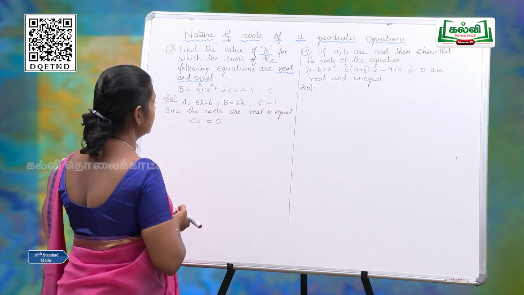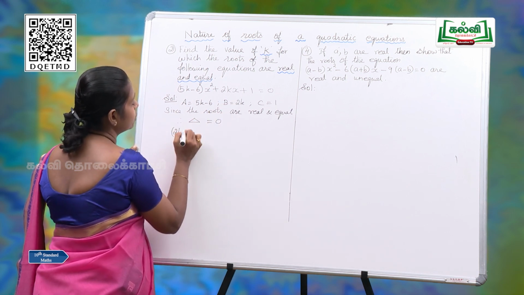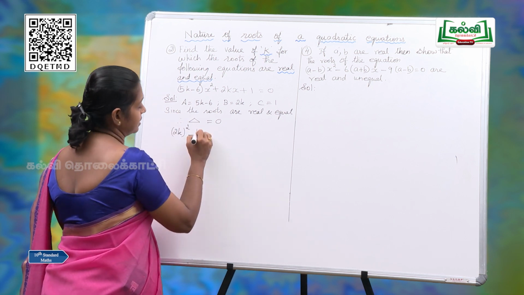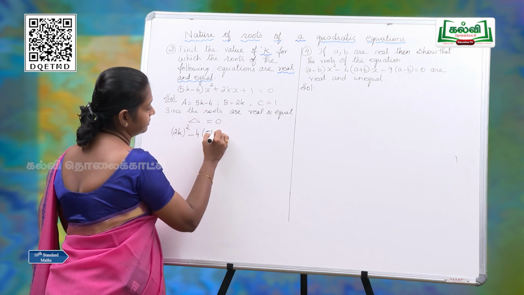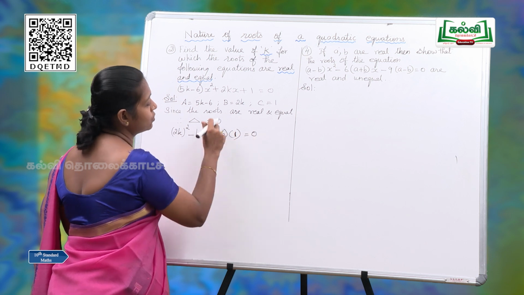We know what is delta. We are going to use the formula b squared minus 4ac, that means (2k) squared minus 4ac, which is equal to 0.